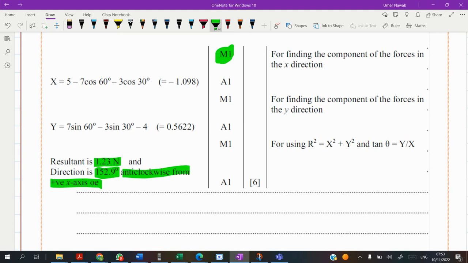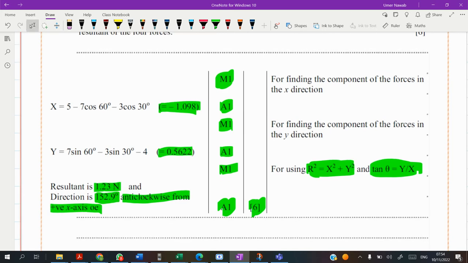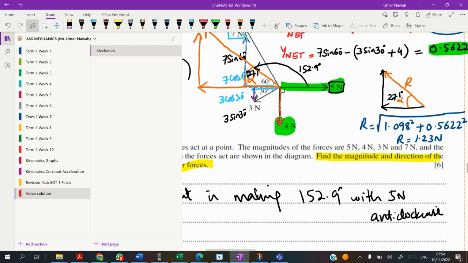So resolving components, method marks, accuracy, if this is 4 significant figures accurate, 0.56 is too accurate, so method marks. And then again method marks if a student has used the Pythagorean and the tan, and once the accuracy comes, 1.23 and 152.9, then the student gets the accuracy mark. So 6 marks total examiner is giving to you.